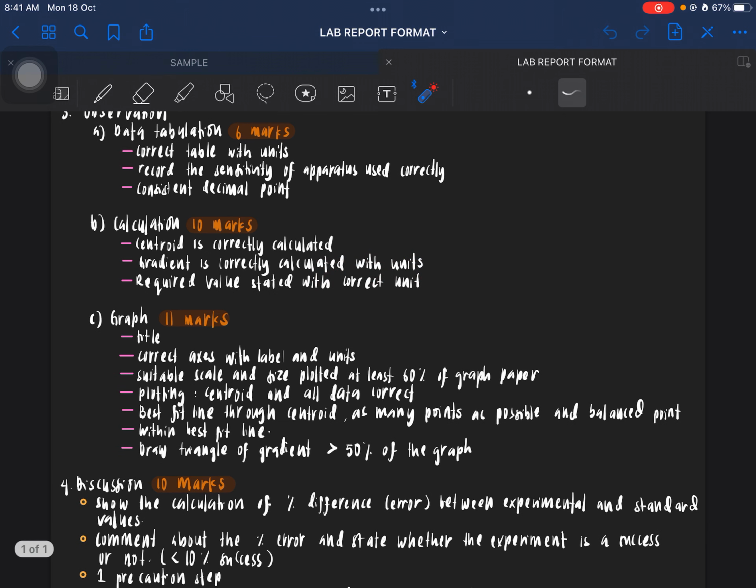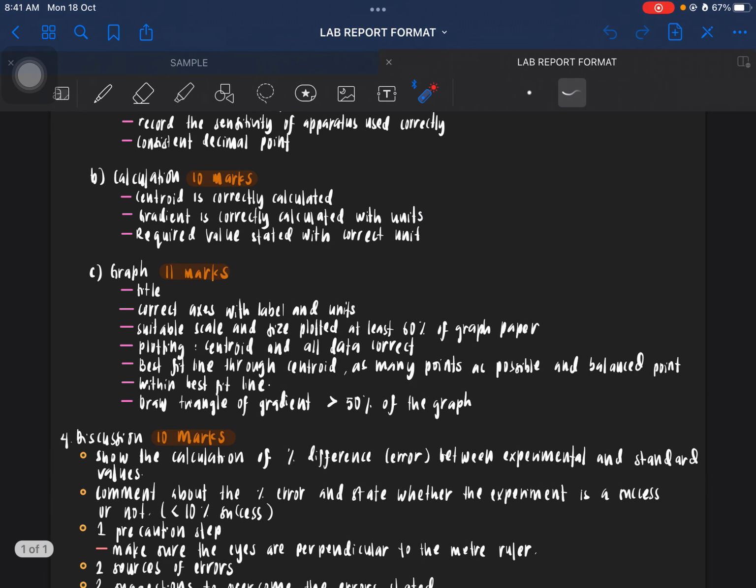Lastly for observation, it is the graph part, which is 11 marks. You should have the title, correct axes with labels and units, and a suitable scale and size, plotted on at least 60% of the graph paper. For the plotting, the centroid and all data should be correctly plotted.